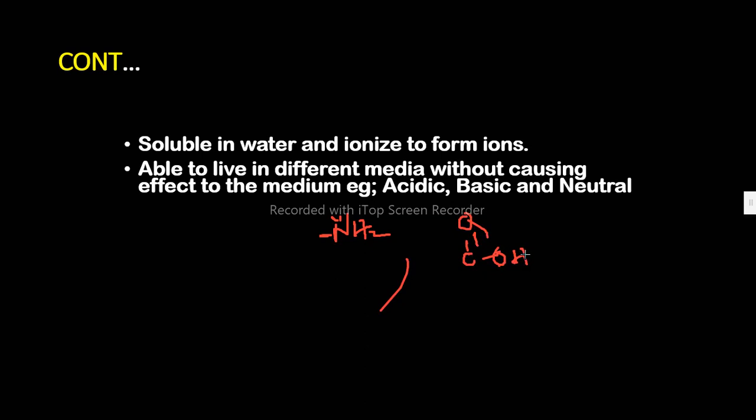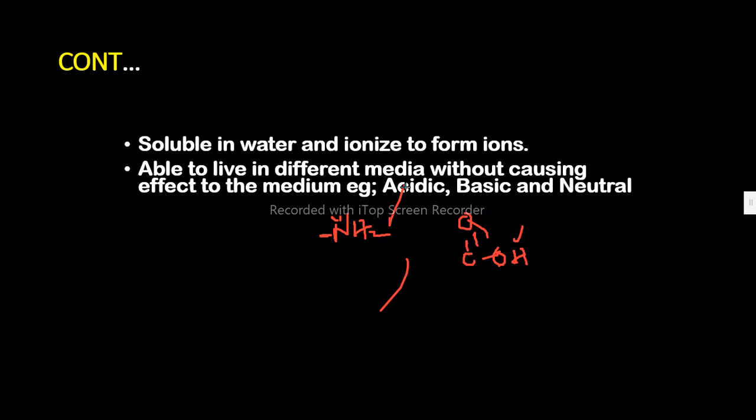So therefore this will behave as an acid and this one will behave as a base. As a result, when you put your amino acid in acid, it will be able to live there, and also in neutral, and in basic it will also be there.